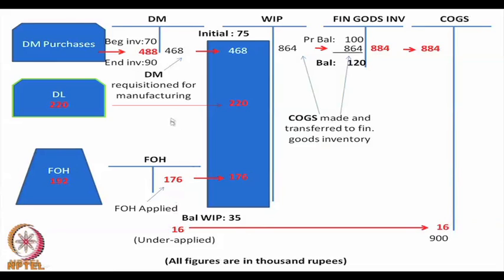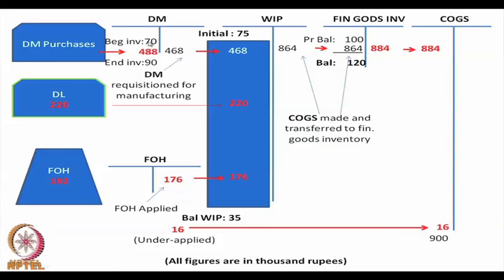First, the initial direct material was 70 and final is 90, and 468 was transferred to WIP. What is this value?